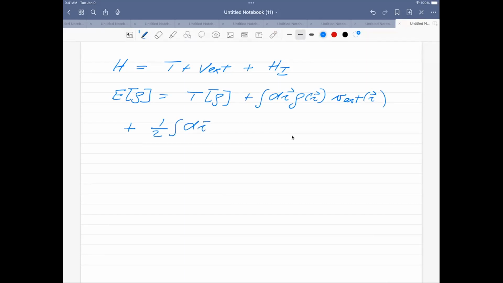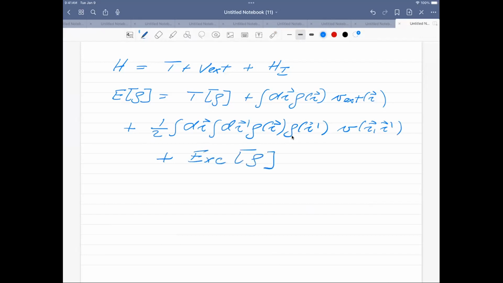And then I have my d of R prime. And then I have the two densities multiplied with V of R prime. And finally, I just bring in this exchange term, which is the unknown term here.